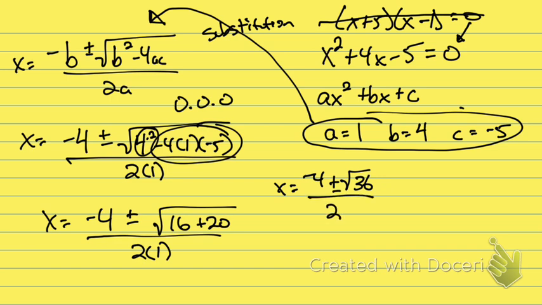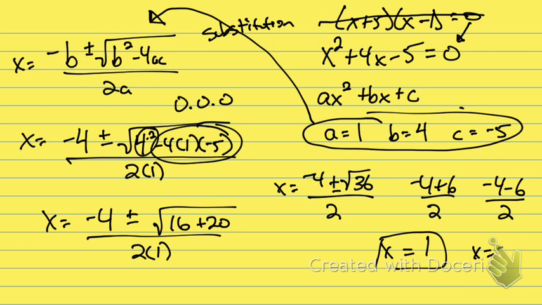This is where I'm going to get my two answers: negative 4 plus 6 over 2, and negative 4 minus 6 over 2. It's because, remember, that square root has two answers. We already know that. And that gives me an answer of 1 and negative 5.